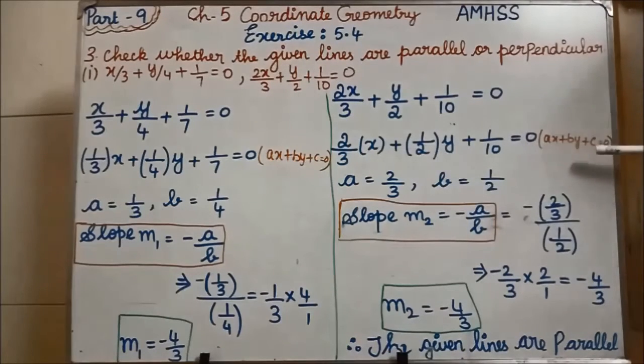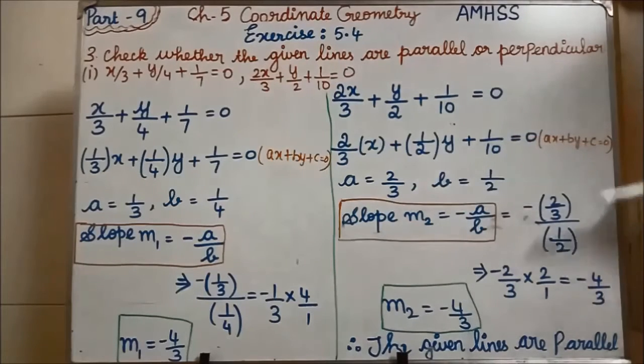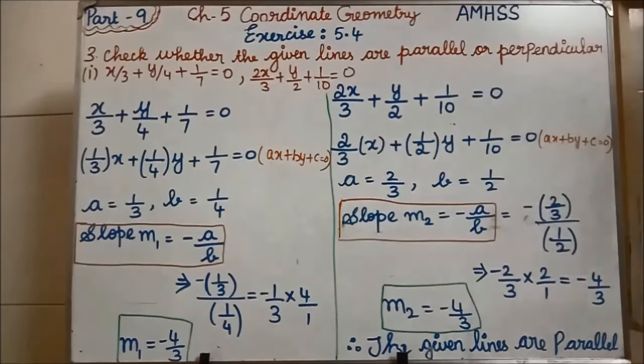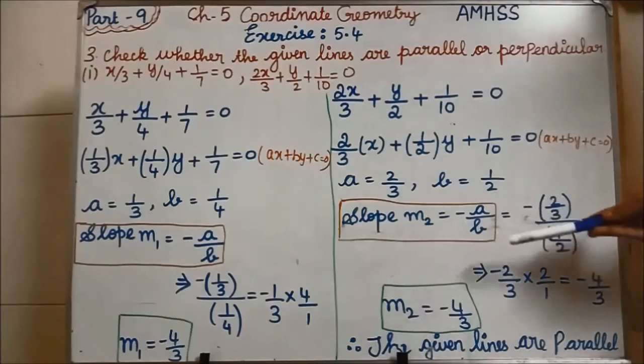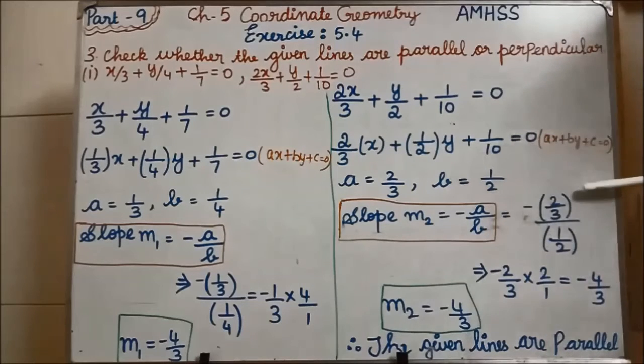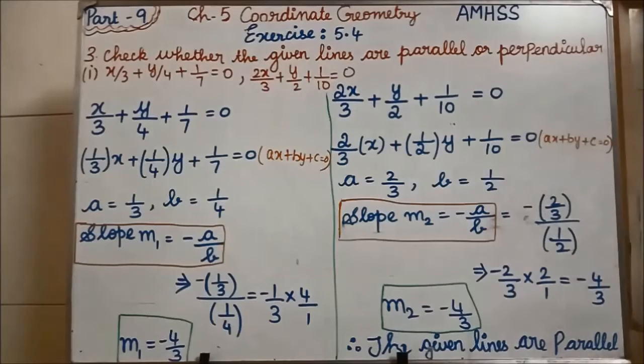Again, this is also in the form of ax plus by plus c equal to 0. So in the place of a, what do we have? 2 by 3. In the place of b, what do we have? 1 by 2. Clear? Again slope m2 equal to minus a by b. Minus, the a value is 2 by 3 divided by the b value 1 by 2.